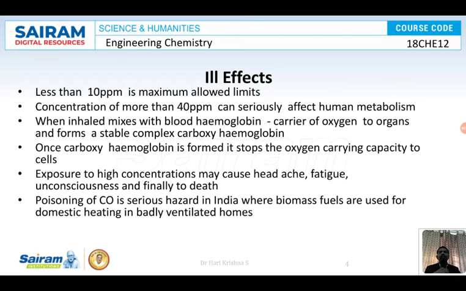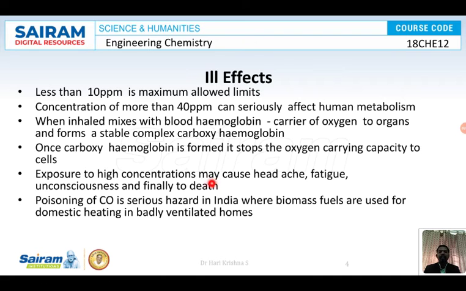So when you inhale oxygen and carbon monoxide, hemoglobin is attracted more towards the carbon monoxide and forms carboxyhemoglobin rather than oxyhemoglobin. As you inhale more and more, you will faint, and finally it leads to death.